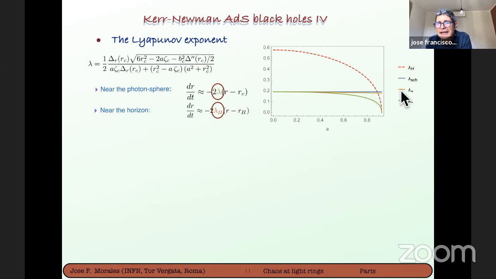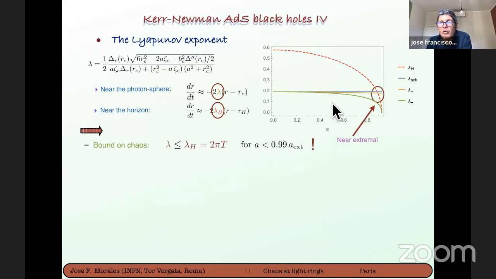You see, the yellow one and the green one are the lambda of the photon sphere. The lambda computed at the photon sphere, while lambda_h is the one computed at the horizon. And you see that they are always typically below, except for this near extremal region, where the black hole photon sphere crashes against the horizon, and the bound is violated here.